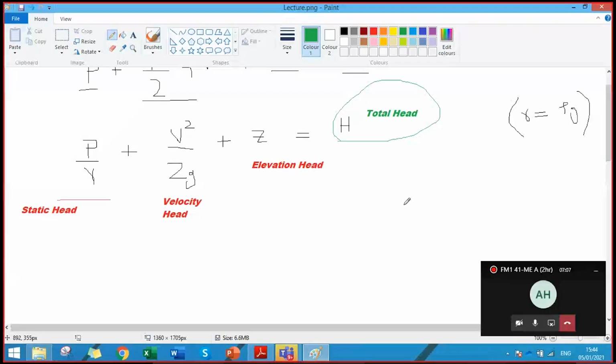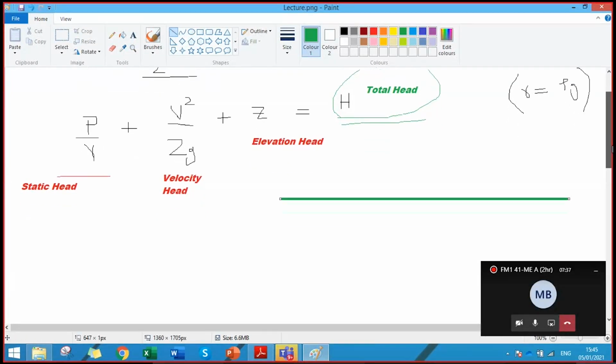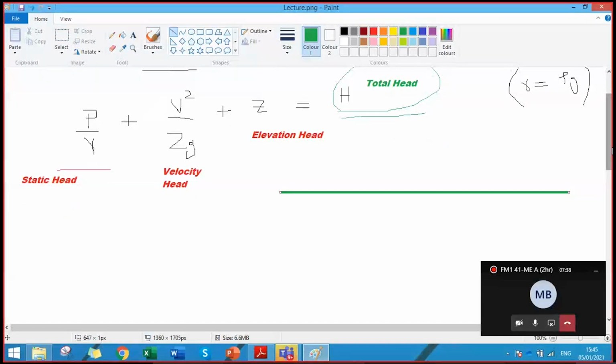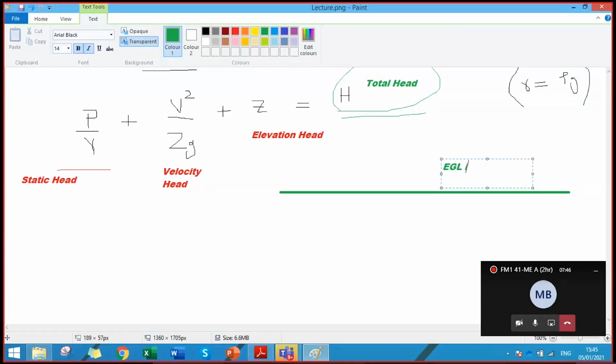If I draw any line that is representing the total head, that is a fixed value, that line should always be a horizontal line, right? If the value is fixed, that would always be a constant line. So for any flow, the energy grade line will always be horizontal.